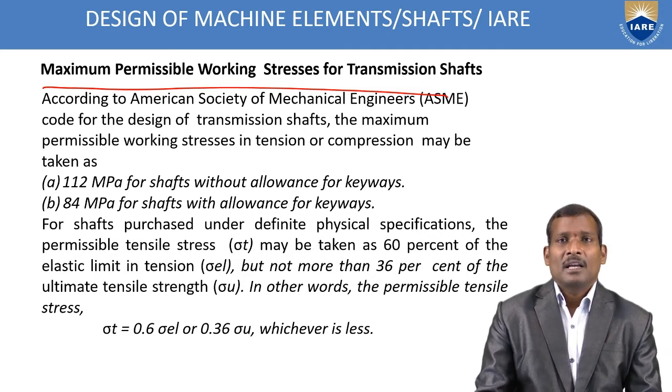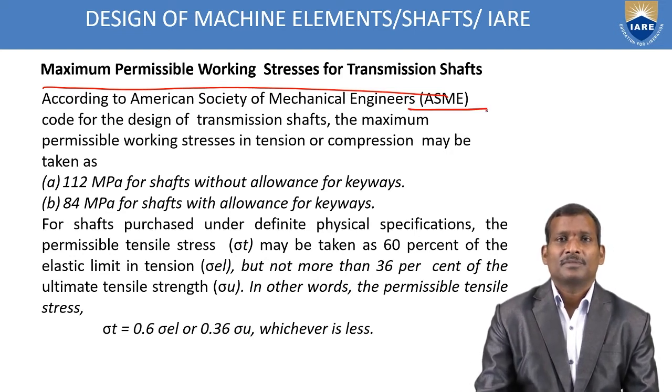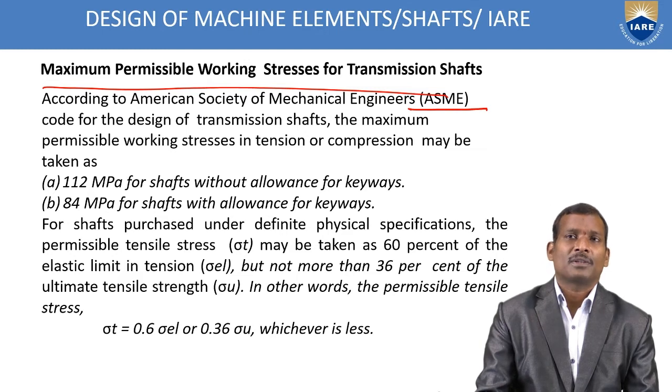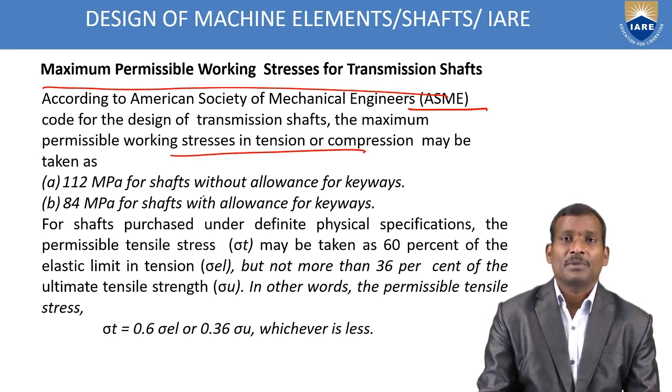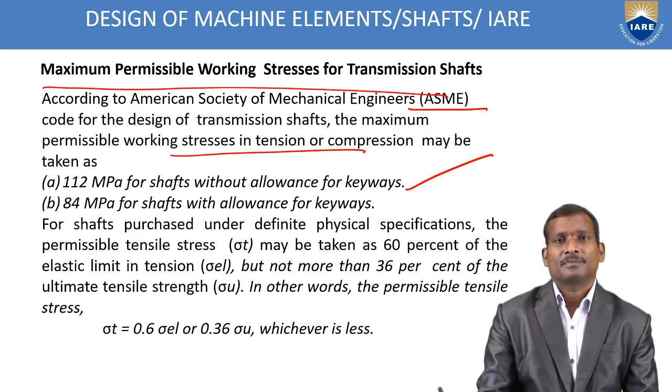According to the American Society of Mechanical Engineers, that is ASME, code for the design of transmission shafts, the maximum permissible working stresses in tension or compression may be taken as follows. One is 112 megapascal for shafts without allowance for keyways. The second one is 84 megapascal for shafts with allowance for keyways.